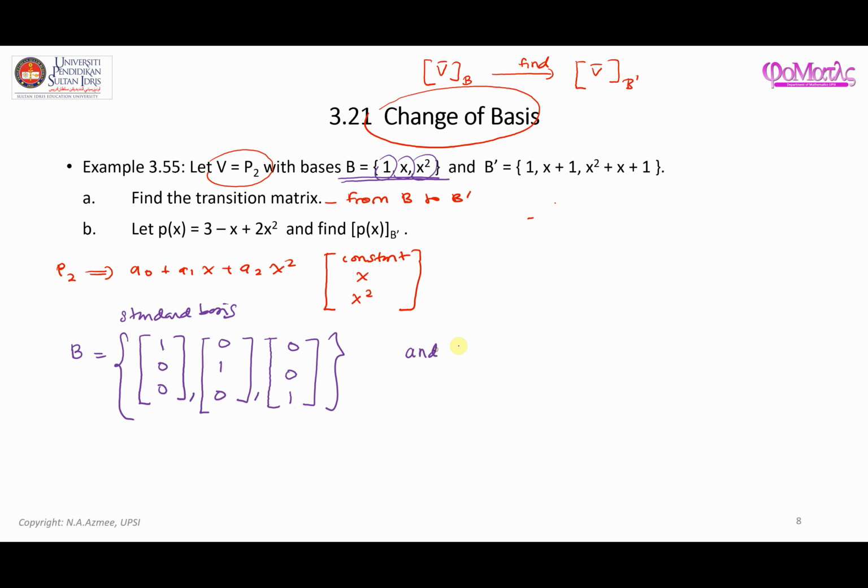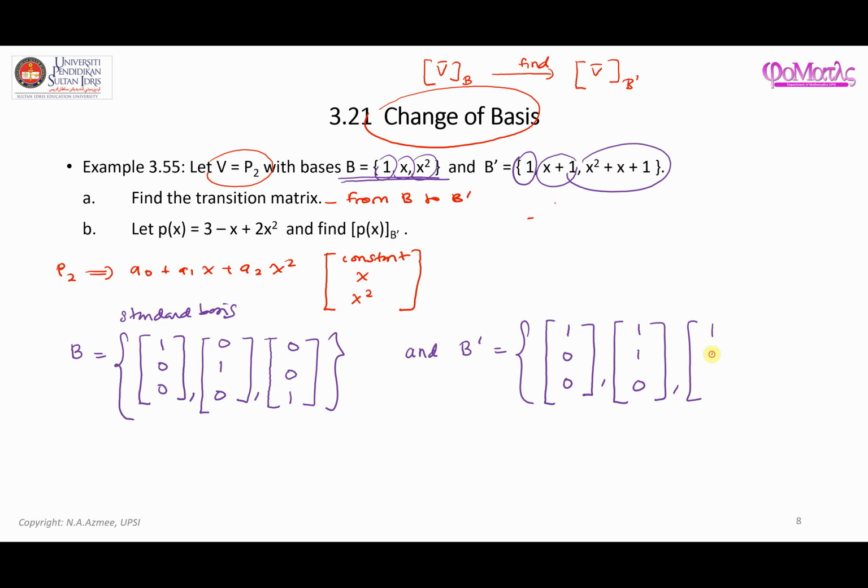And for B prime, I can write it down as follows. For the first one, I have 1, 0, 0. x plus 1 is 1, 1, 0. And this one here, I have 1, 1, 1. So that is the new basis, B prime.